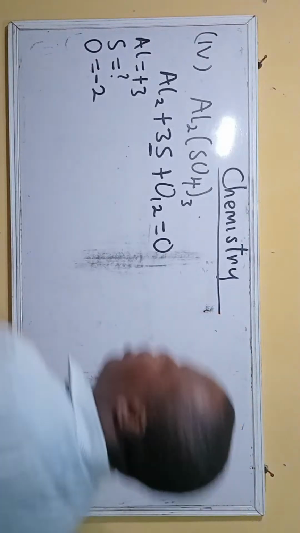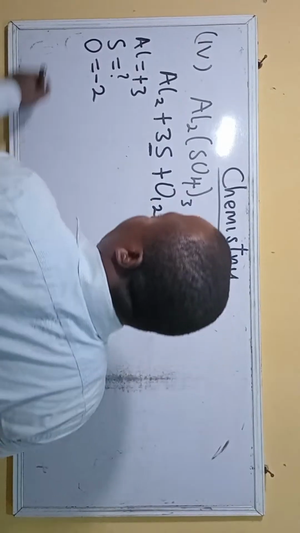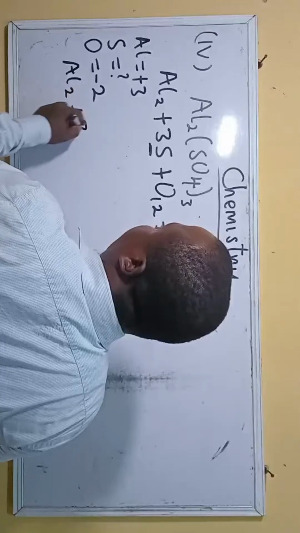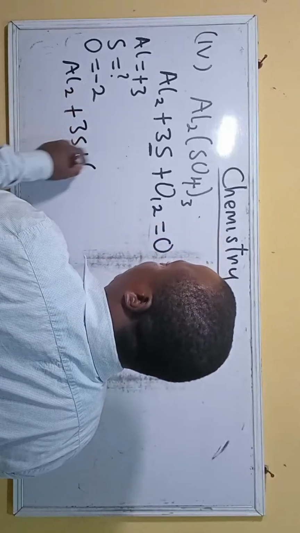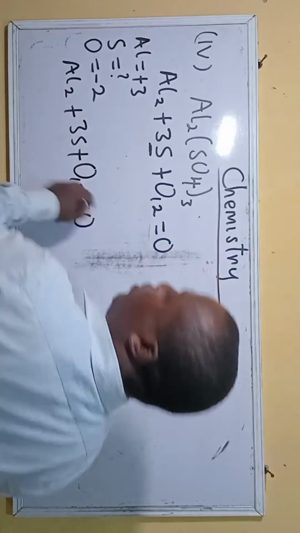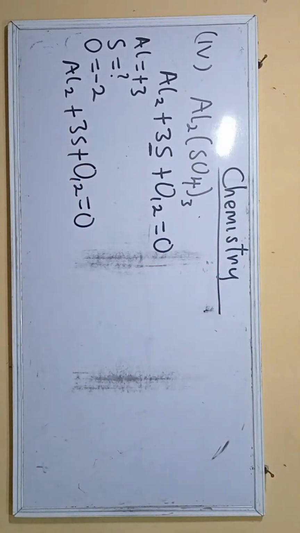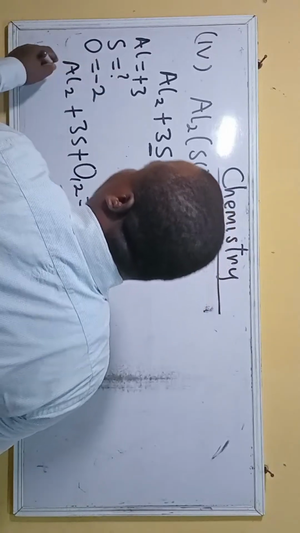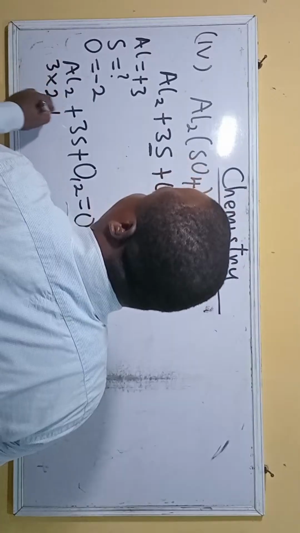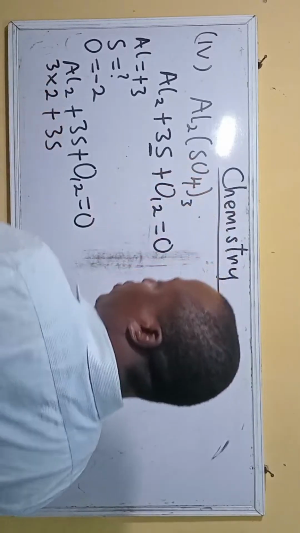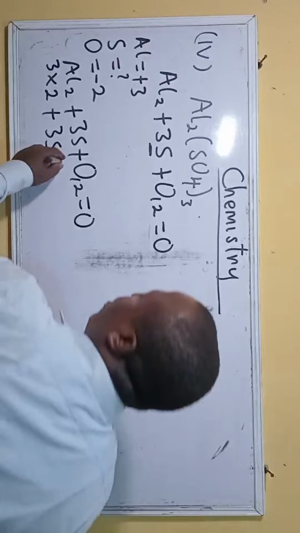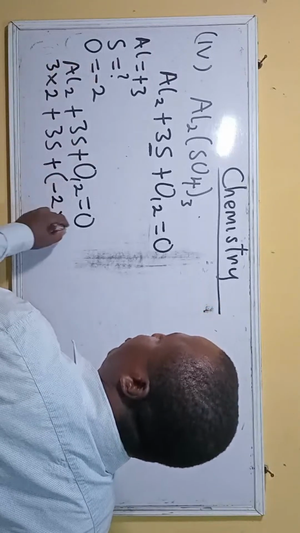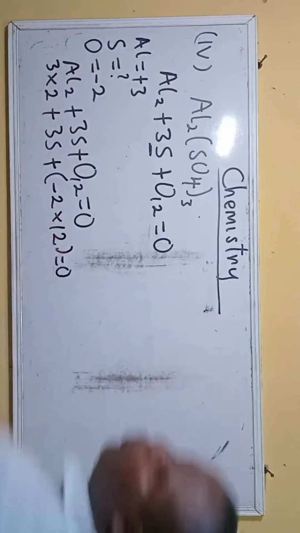So, let's start. I will recall Al2 plus 3S plus O12 equal 0. So I will have, let me neglect to save our time, 2 times 3 plus 3x. It's unknown. Plus oxygen, the oxidation number is minus 2 times this 12 equal 0.